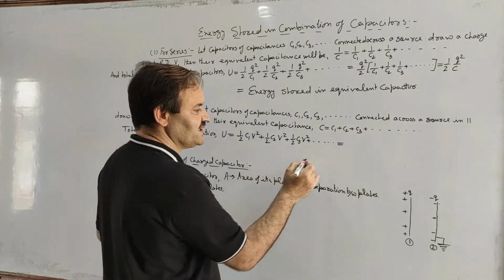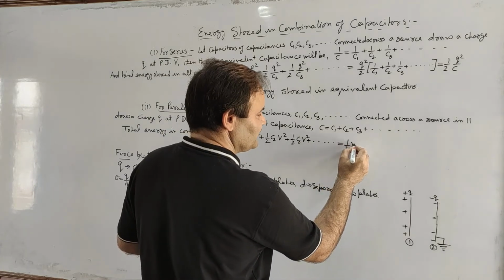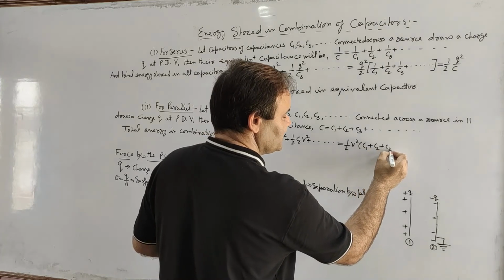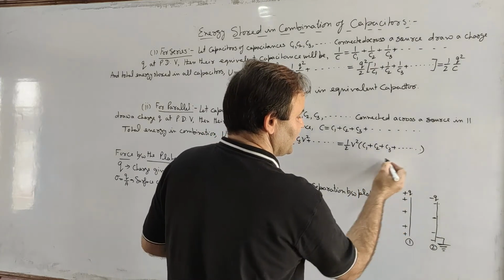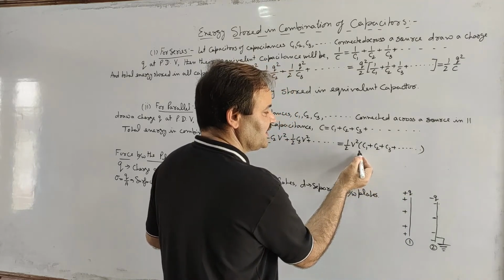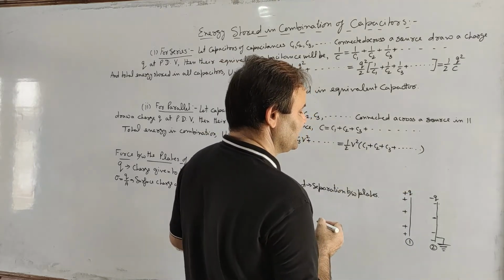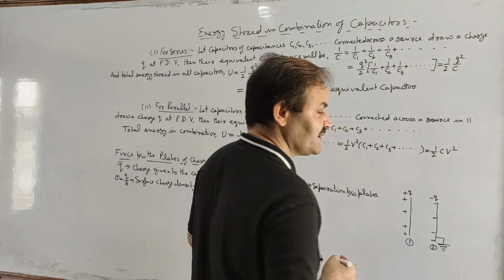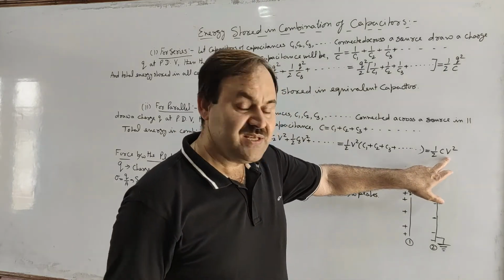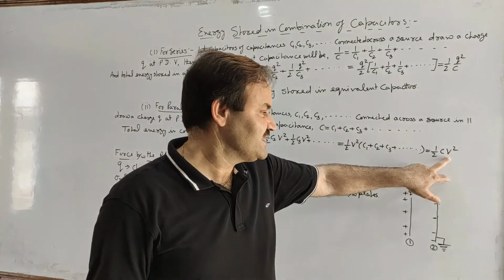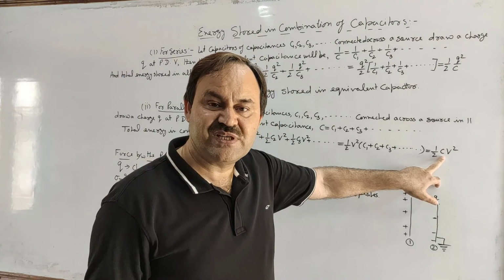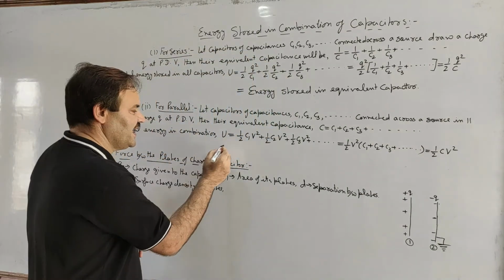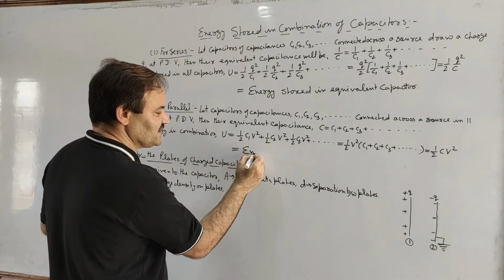Half V square can be taken as common, so it will give half V square into C1 plus C2 plus C3 plus so on, and this will give us the capacitance of equivalent capacitor. So this is equal to half C V square. V is the potential difference across equivalent capacitor, C is capacitance of equivalent capacitor, so half CV square will be the energy stored in equivalent capacitor.